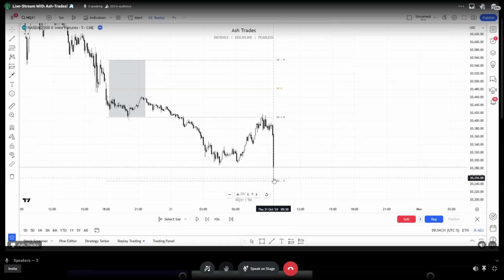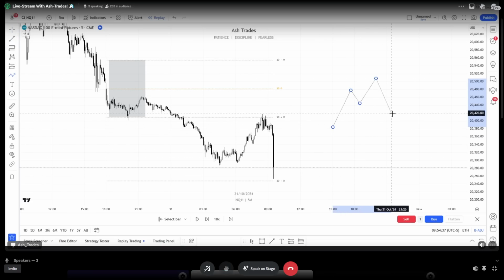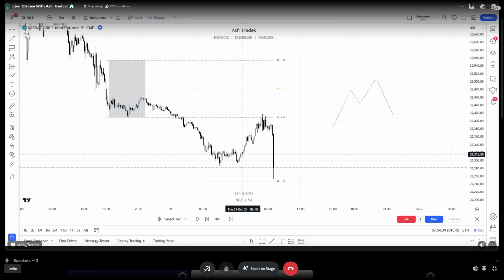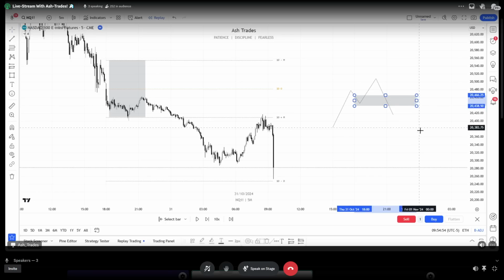Now this goes and completes the objective before I ever get my entry function. In my opinion, because I'm a 9:30 trader, a New York Open trader, at 9:30 they instantly distribute lower without giving me my entry function, a bearish unicorn.